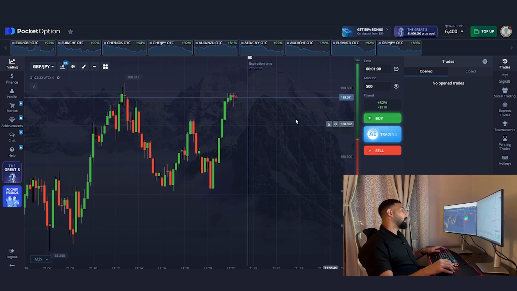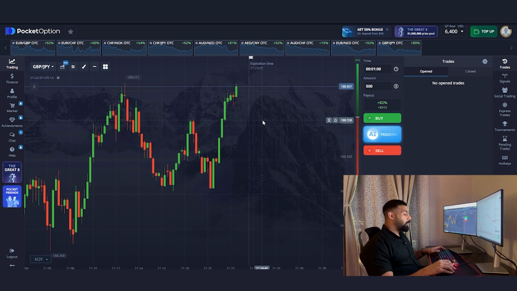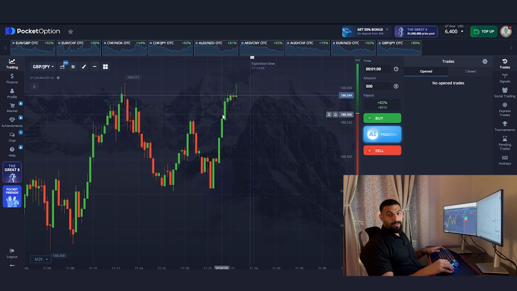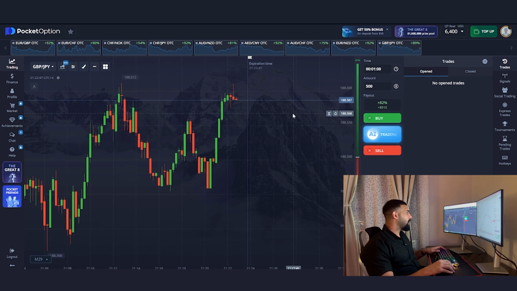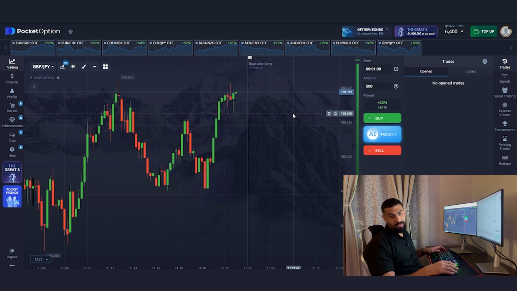As you see, I lost this trade, but anyhow, it was a good try. I showed you how to read it. I was in a hurry. I made the trade, but I don't regret what I made at all. It was a good try. We made three trades, and the last one was unsuccessful. So it's all about practice.